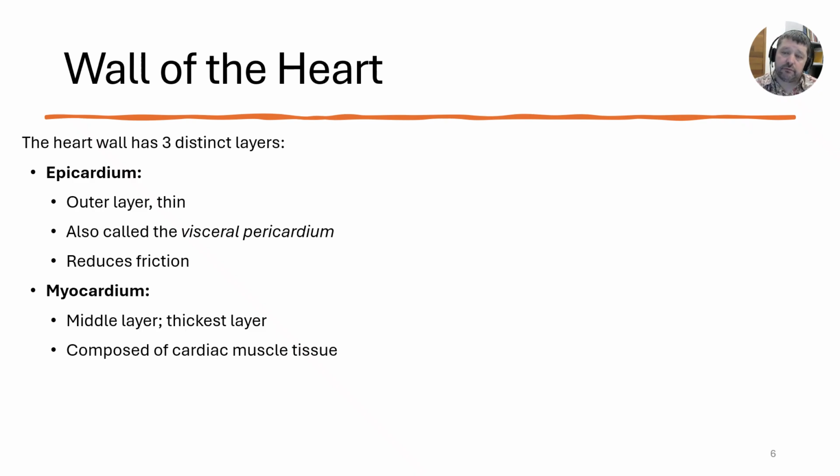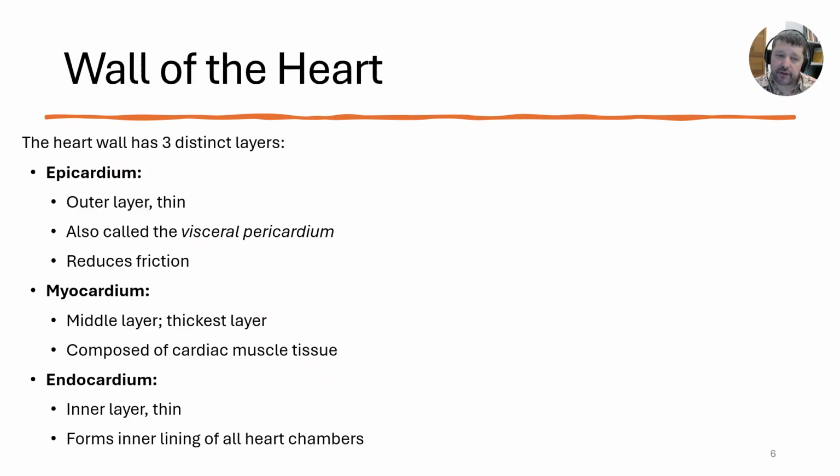So there's lots of muscle, and we often distinguish the functionality of the heart by how thick the myocardium is in different regions. If you have myocardial issues, it might be that you have a thinning of the myocardium, which means it decreases the force that the heart can produce.